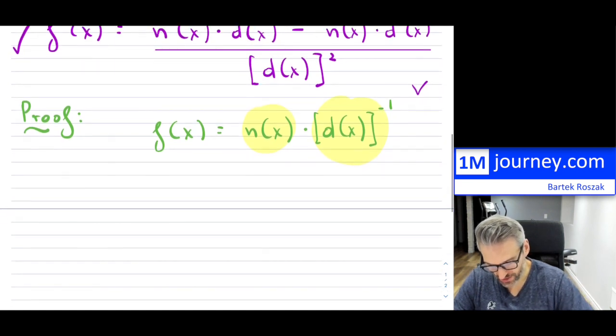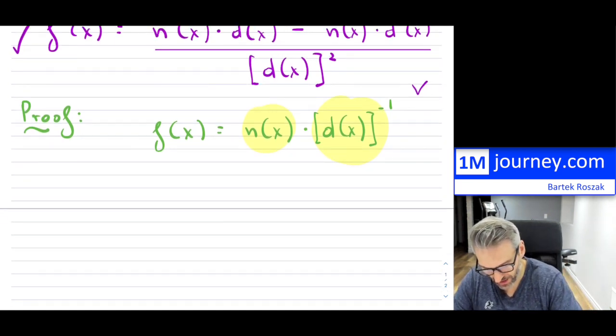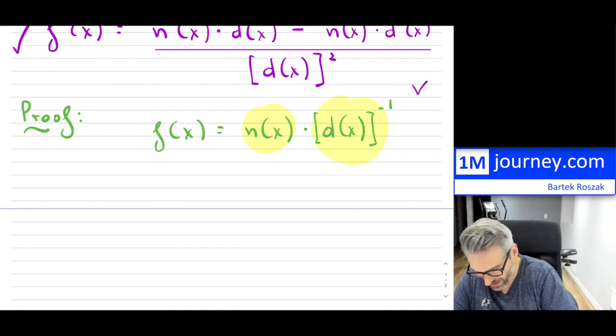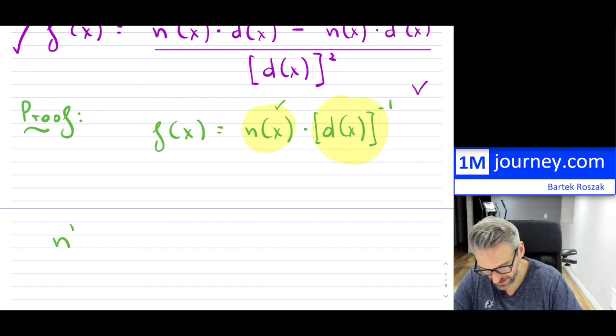So first, I will take this and break it down. In terms of its derivative right here, what we're going to get, by the product rule, is simply the derivative of n. And I'm going to drop the x for the moment. I just don't want to complicate things for myself.